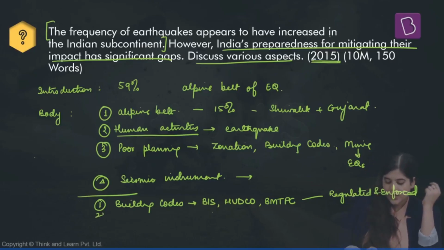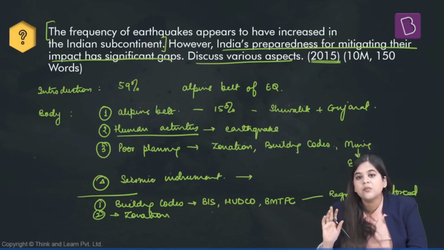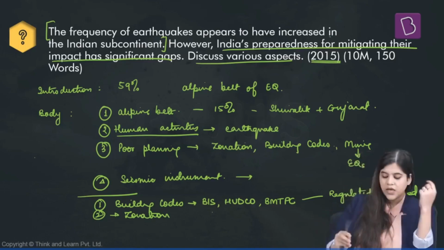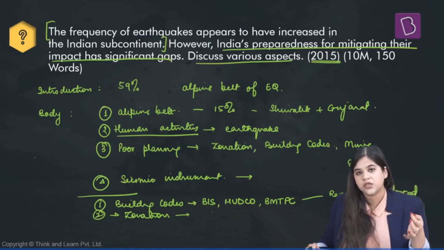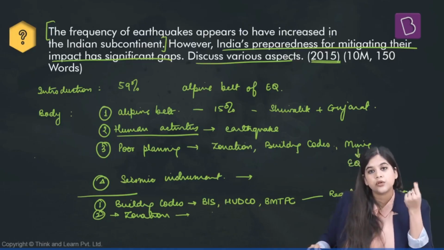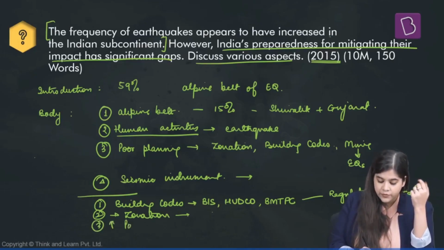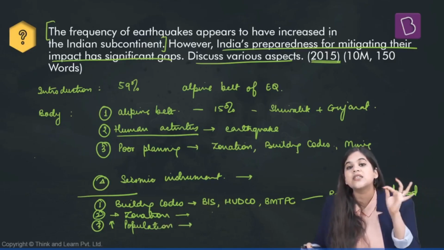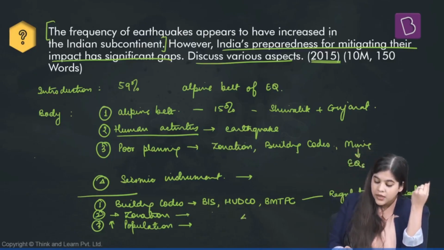Same goes for regulation and enforcement of the zonings or zonation, that is, earthquake zonation and accordingly earthquake zonation planning. And because of this, both the public and the private infrastructure is at risk when it comes to earthquakes. Also, the increase in load of population has increased the risk when it comes to earthquake as a disaster.